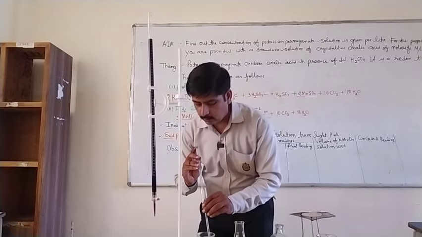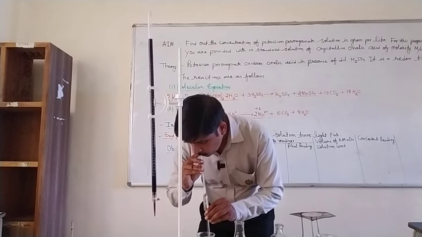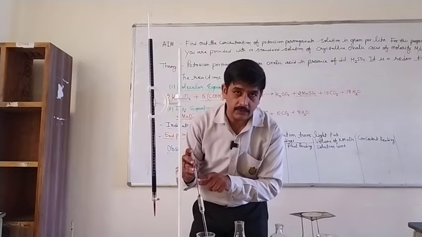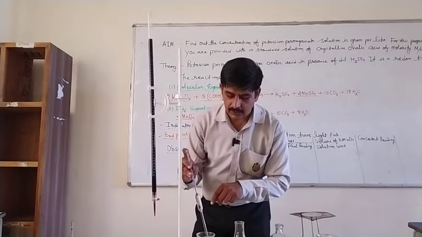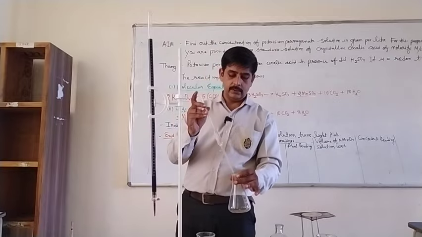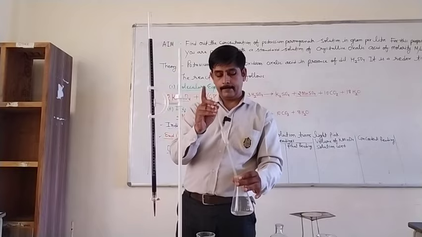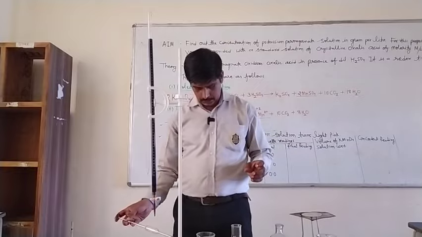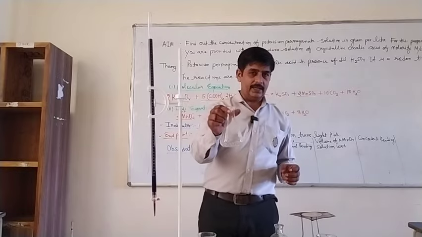Use the index finger, don't use the thumb on it. There is a mark on the pipette which indicates the 20 ml. Fill it up to that mark, and after filling it, release it into the conical flask. Now we have 20 ml oxalic acid in it.